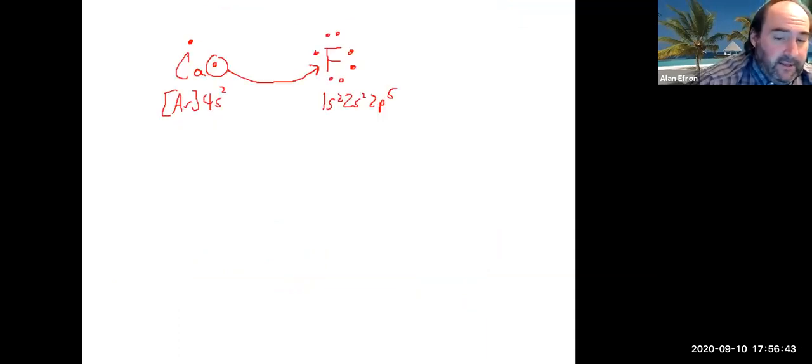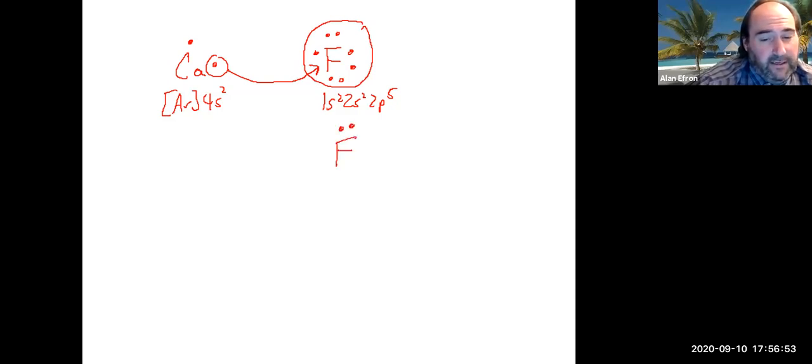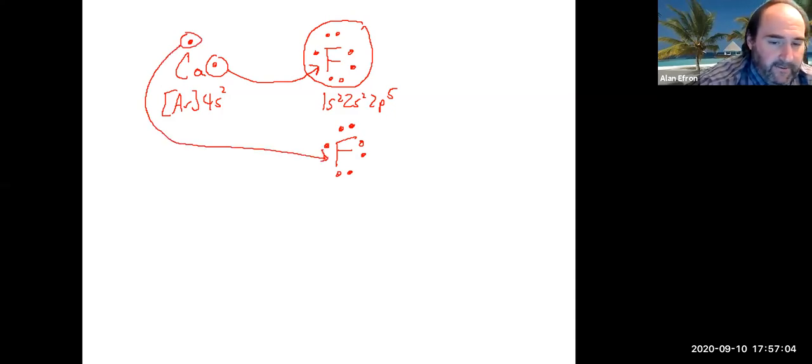The deal is, though, this fluorine at this point is now pretty much full. He's got 8. So what we need in this situation is not just one fluorine, but we actually need 2 fluorines here. And that second fluorine now has the room to take its second electron there.